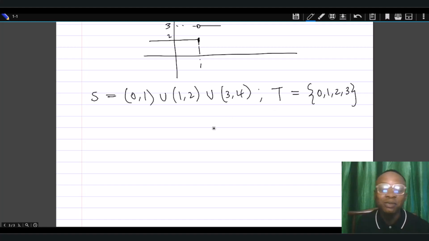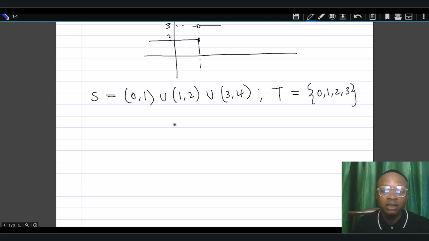So if we want to define a continuous function now from S to T, what are the options that we have? It has to be continuous, don't forget. Now this set T is not continuous, so to speak, in the sense that it just goes from 0 to 1 to 2 to 3. It doesn't contain everything between 0 and 1, or everything between, by everything I mean all real numbers between 0 and 1, or all real numbers between 1 and 2.